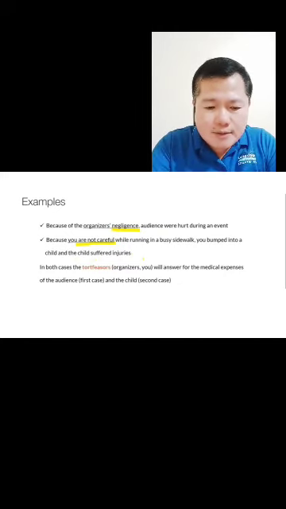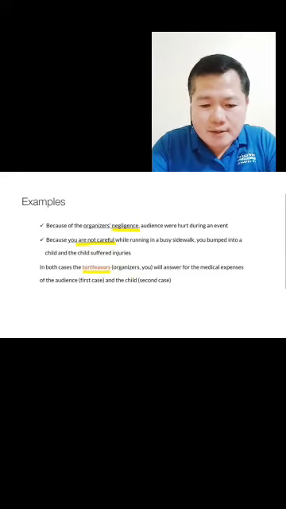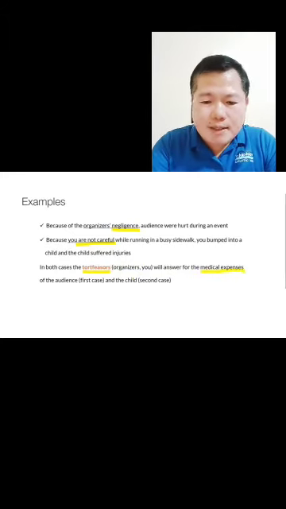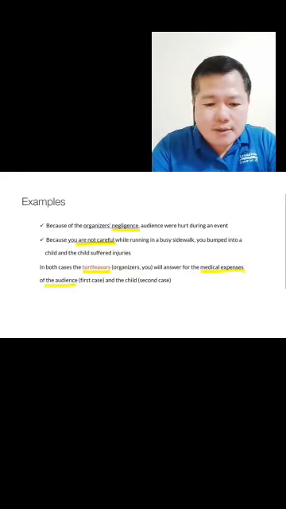So, sinabi dito, in both cases, the tortfeasor, kumbaga yung nakagawa, nagkaroon ng obligation dahil may kapabayaan sa ginawa. So, yun ang term tortfeasor. In this case, the organizers. So, ikaw will answer for the medical expenses of the audience in the first case and the child in the second case.